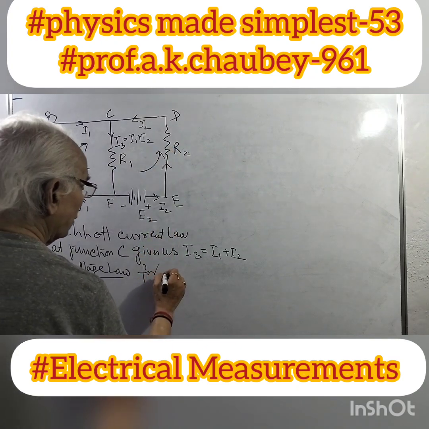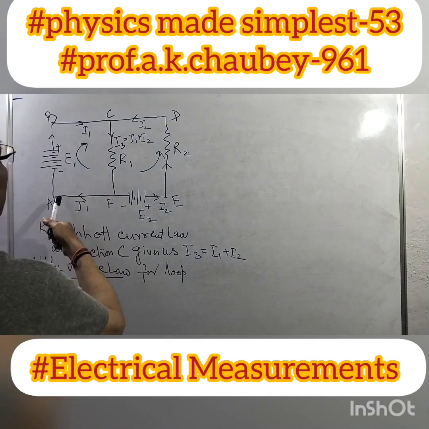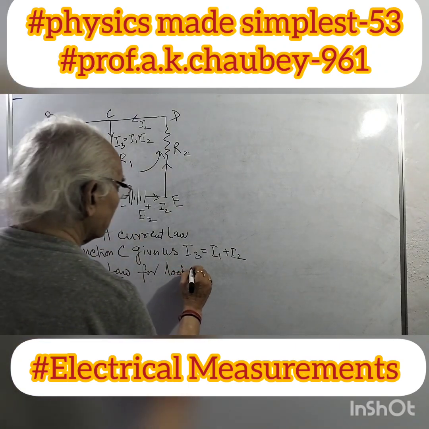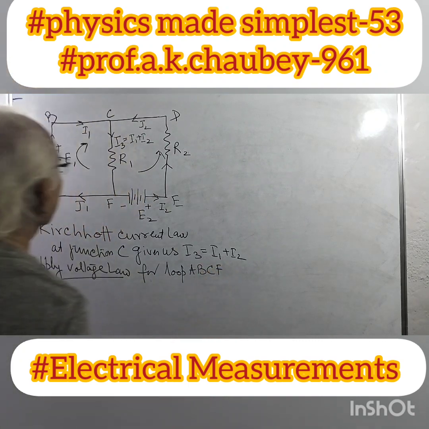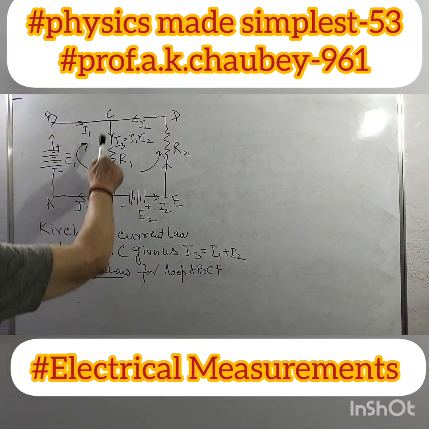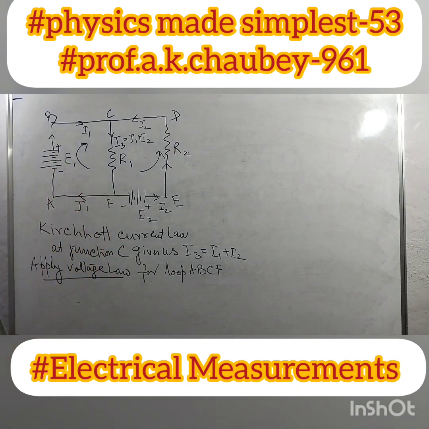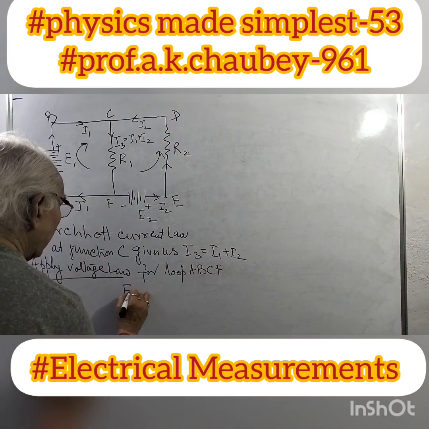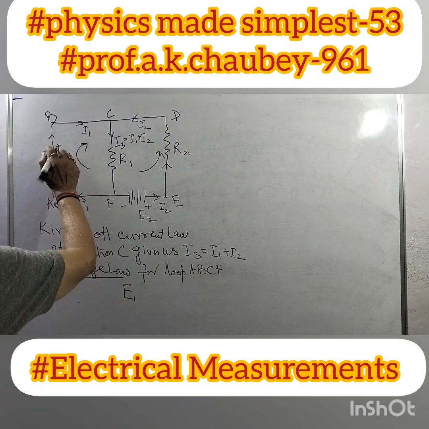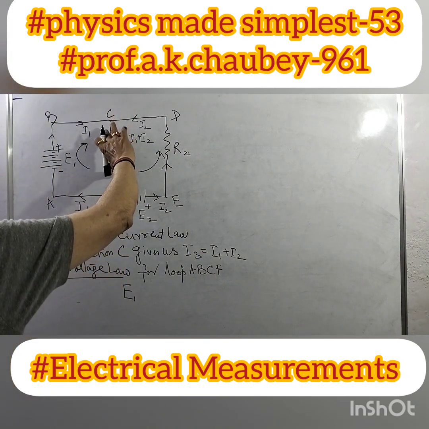So for the loop A, B, C, F, what can we write? The potential drop is in this circuit and the potential applied is E1, this is plus, sending current like this. So this is the resistance.